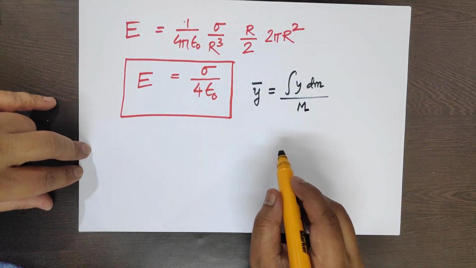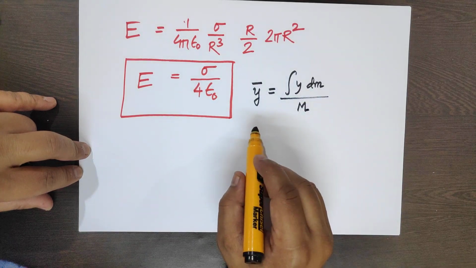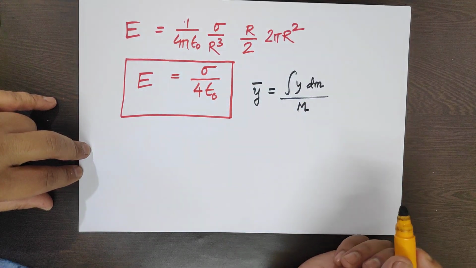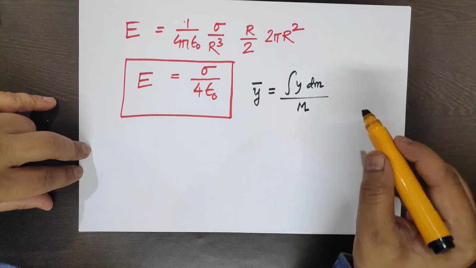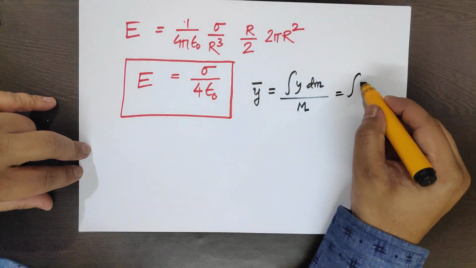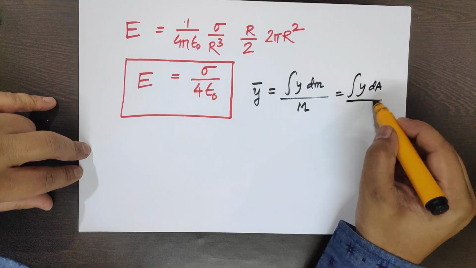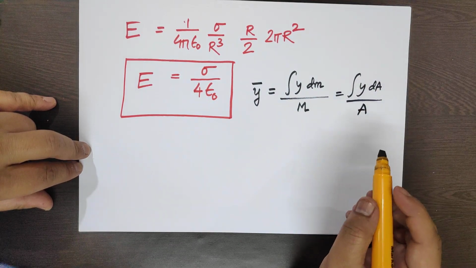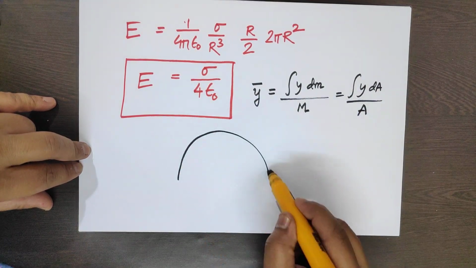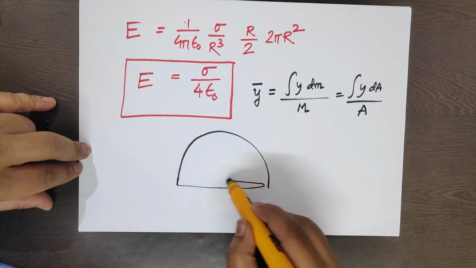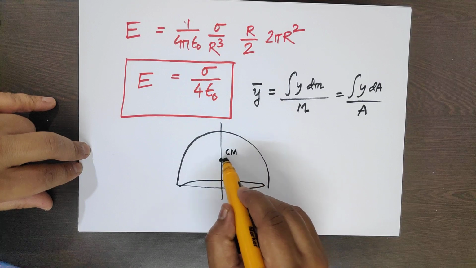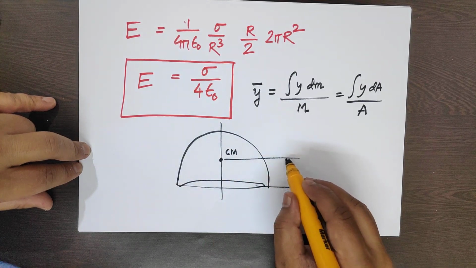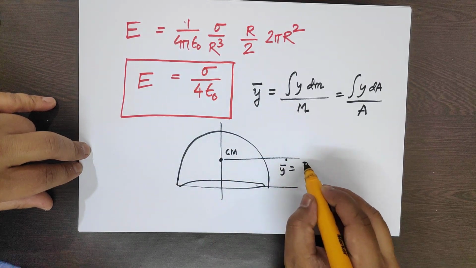Now if it is a shell, then the distribution of mass is uniform throughout the surface of the shell. So you can also write integral y dA by A, and this is what we have used. And for a hemispherical shell of radius r, the center of mass has coordinate y bar equal to r by 2.